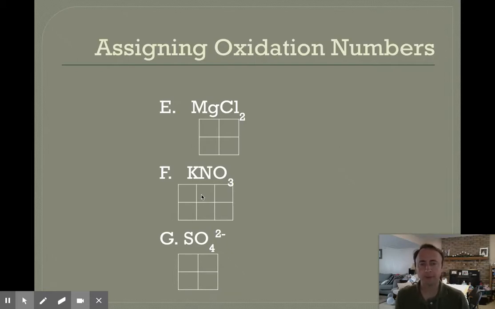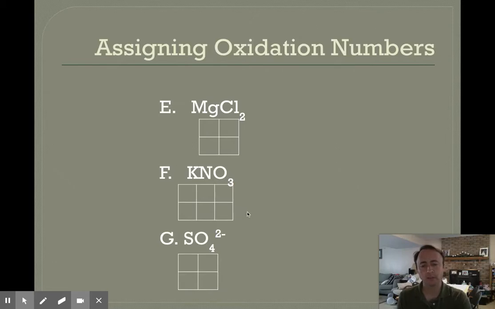Now, how do I fill in the total column? If you're writing this down on your own paper, why don't you go ahead and figure out what you might write down in the total column? All right, because we have 1 potassium, I would take +1 each, +1 total. There's 1 nitrogen, so +X total. And then oxygen, we've got -2 each, but there are 3 of them, so that would be -6 total.